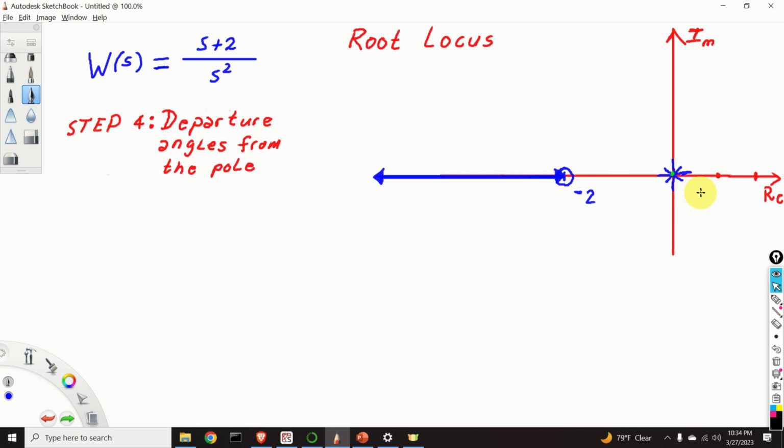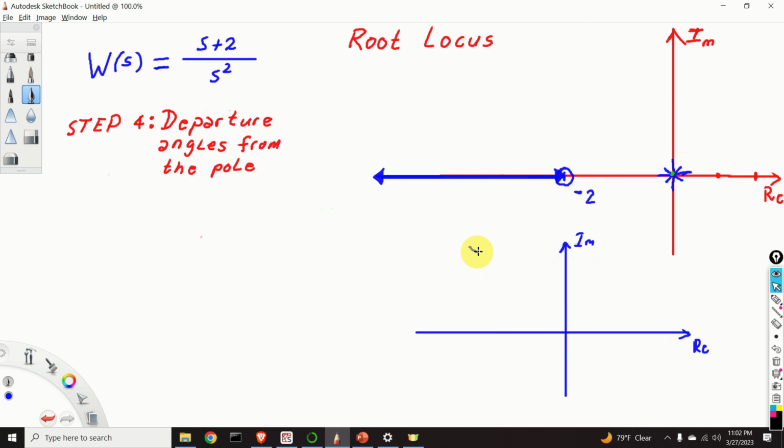To find the departure angles, let us make a small sketch over here. Here I will consider the most general case. Here's my real and imaginary axis. And let's construct a pole over here. Here I raised my pole since I need to make one important correction. In order to be consistent with my previous notation and with this graph over here, I need to denote the poles by x.